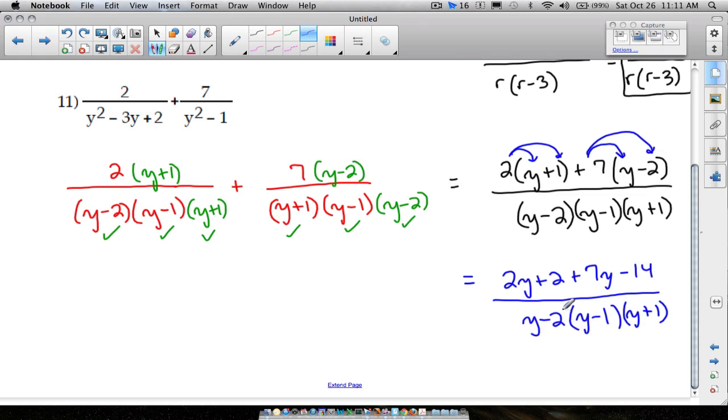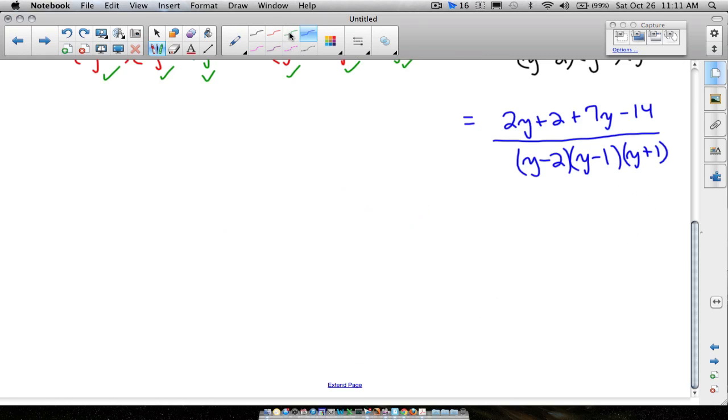And now let's clean this up. So from here, combining like terms up top, 2y plus 7y gives you 9y. 2 minus 14 gives you a negative 12. I tell you what, we're still going to write this down here, but I'm going to go ahead and do one more thing. That part right there will factor.